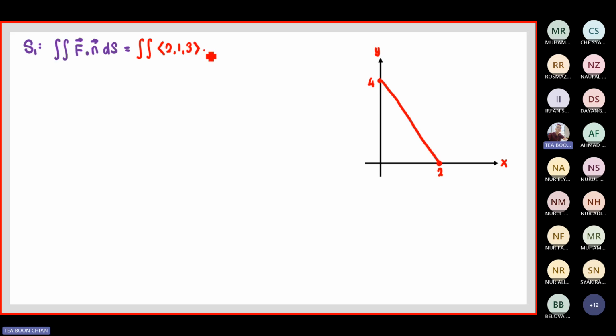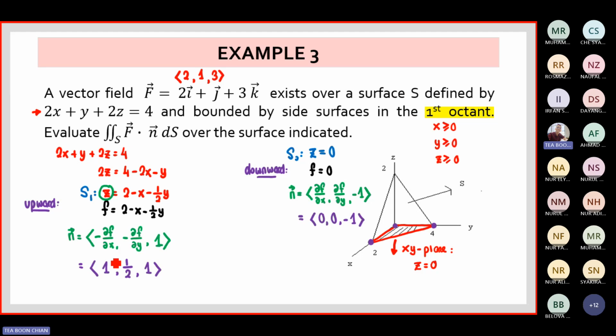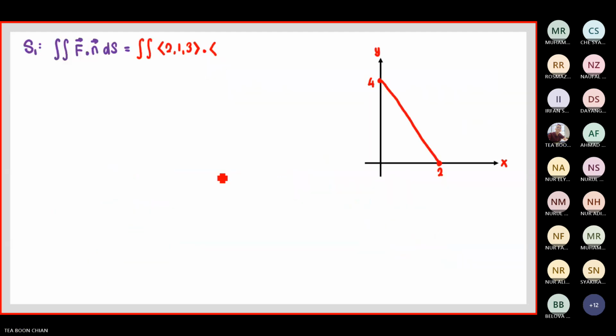Close the vector, and then dot the upward normal vector, 1, half, 1. Let me leave dS first. If I compute the inner part of the dot product, it will be 2 multiplied by 1 gives you 2, plus 1 multiplied by half gives you half, plus 3 multiplied by 1 gives you 3.